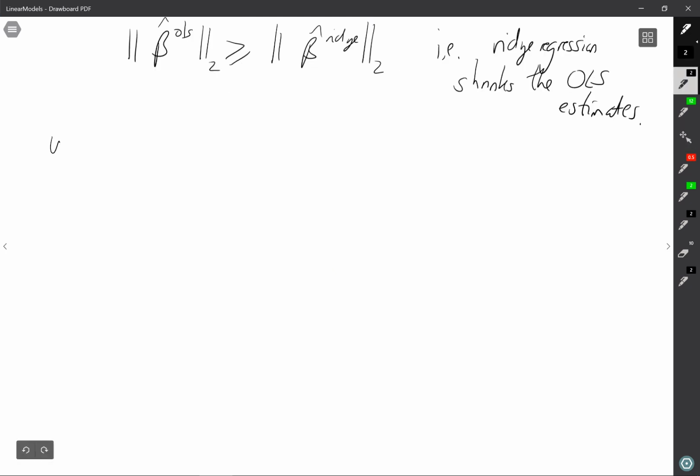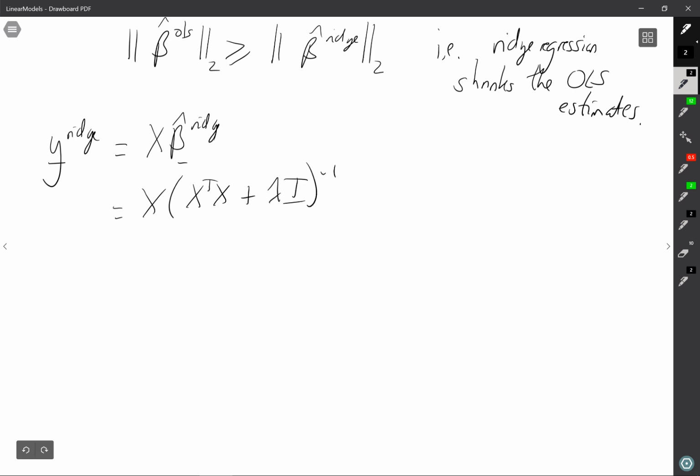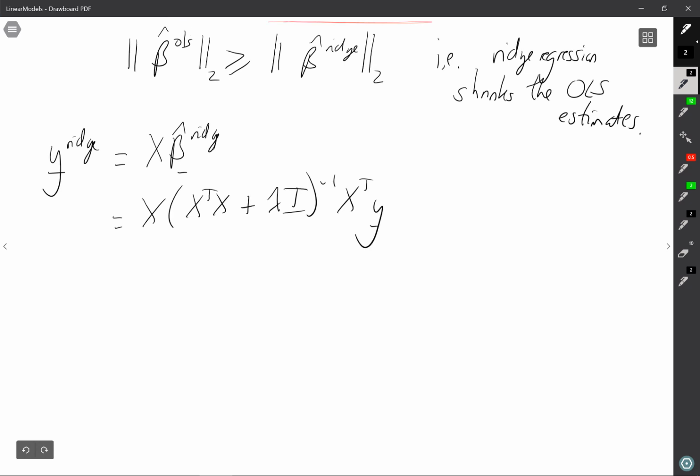So let's think about the fitted values, because they're easy to compare. If we look at the fitted values, they are going to be X times beta hat ridge, which is X times (X transposed X plus lambda I) inverse X transposed y. Now let's substitute in our SVD.